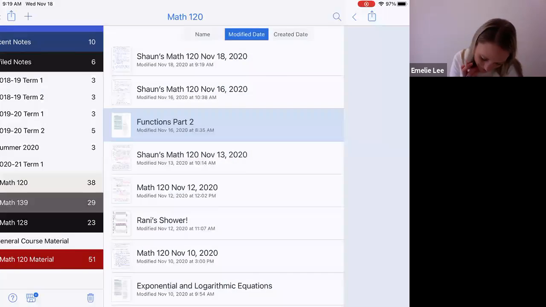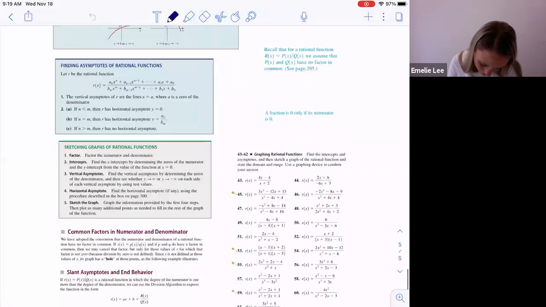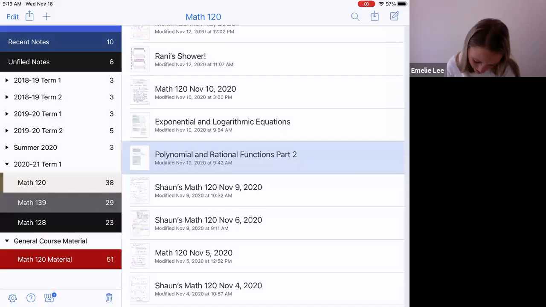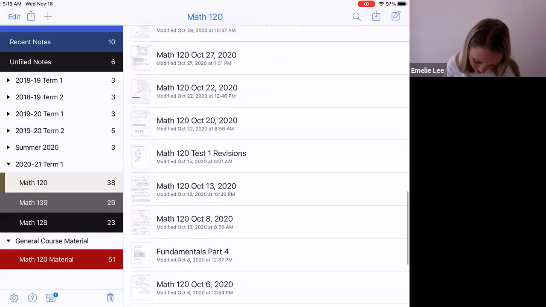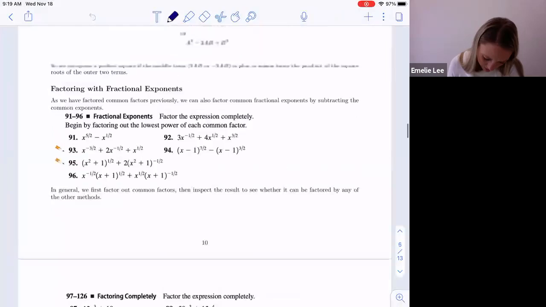Let me pull it in. Let's see if I can find it. Fundamentals, part 2, I think.